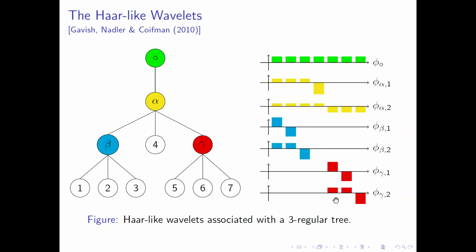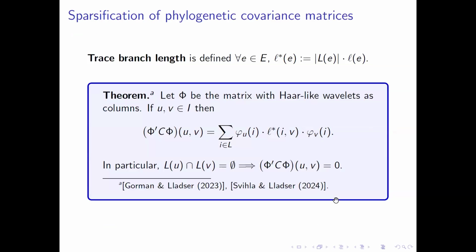And lastly, to notice about this basis is that because the support of the wavelet is contained in the set of leaves which descend from the interior node they're associated with, many of these wavelets have disjoint support. The reason to note that is that when we perform the change of basis on the covariance matrix, we find that its entries are weighted inner products between the wavelets.